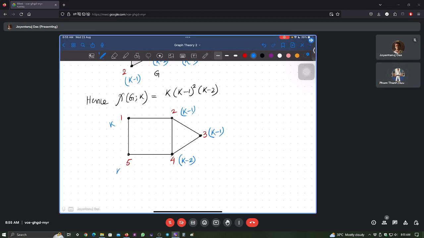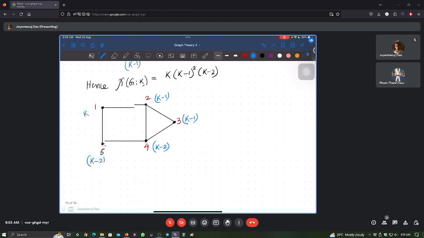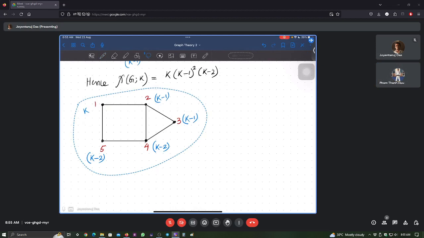But now we can color it in a slightly different way. This was one coloring where vertices 1 and 4 are different. But it can happen that 1 and 4 have the same color.